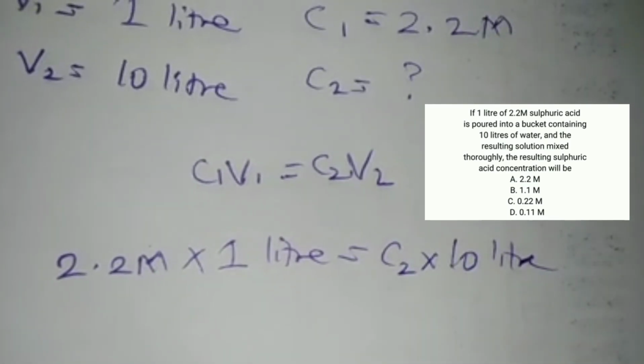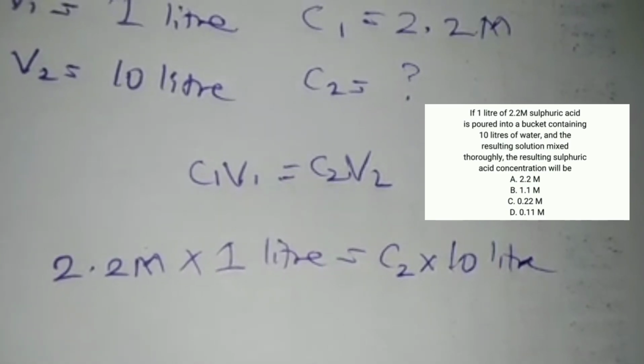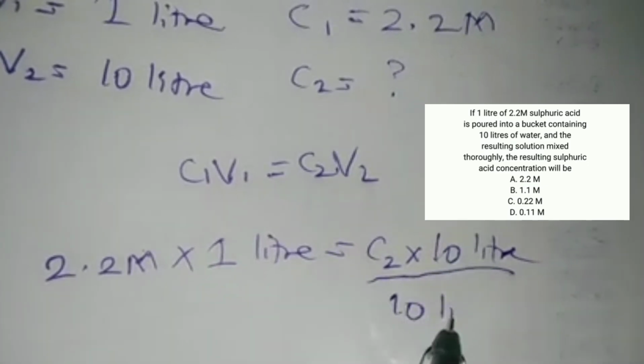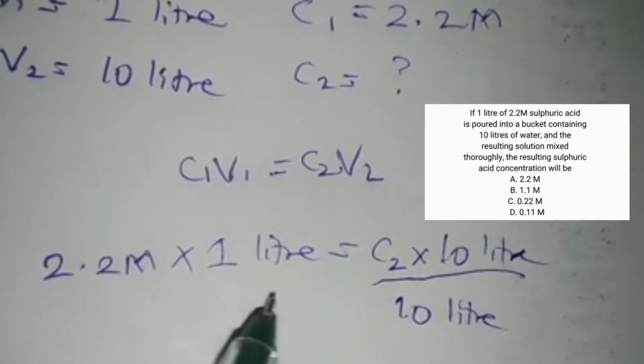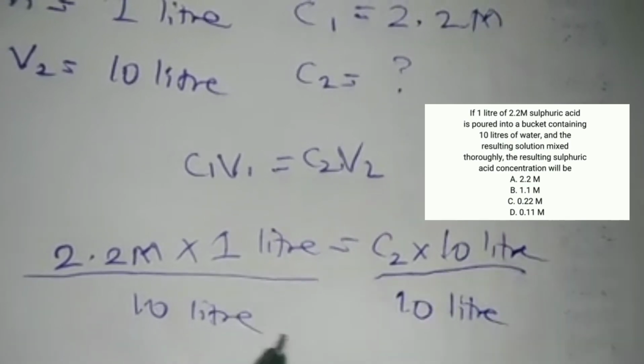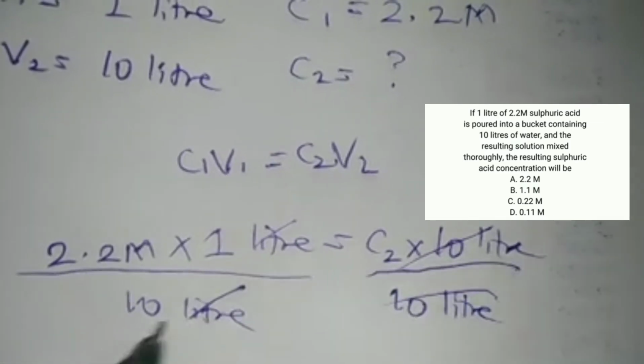Okay, so right now what do I need to do? I will just have to divide both sides by the coefficient of C2. So divide both sides by 10 liter, so that 10 liter will cancel out here. I'll be left with my C2 only. So the first thing that we'll notice here is that liter will strike away liter.